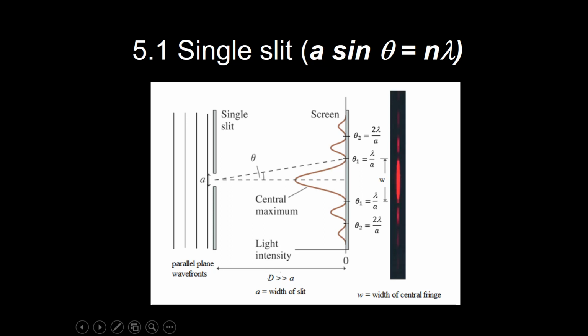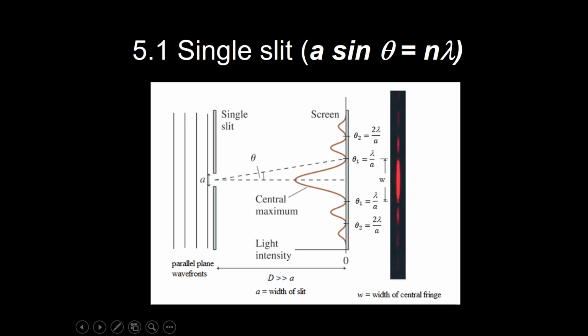Okay, in single slit, we are interested in the position of the minimum because sometimes you might not be able to see the first maximum. Okay. So derive the formula when you have a minimum. So this equation here, which is the single slit equation, if you watch the video, they actually show you how this equation is derived.